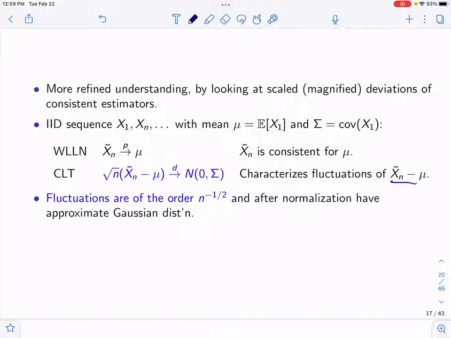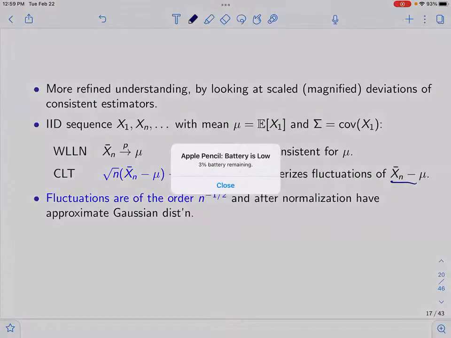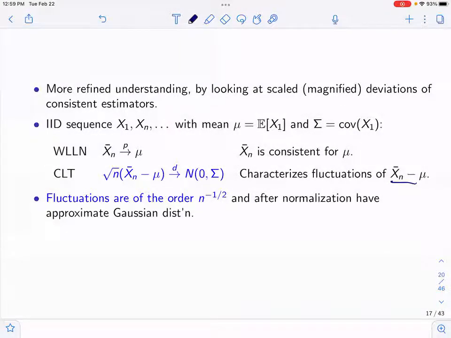This leads to what people call asymptotic normality results in statistics. You show that many of these consistent estimators, like classical estimators, when you look at the deviations properly normalized, become asymptotically normal. And then you can use this covariance matrix sigma, in the univariate case the sigma, as a measure of the asymptotic uncertainty of your estimate.